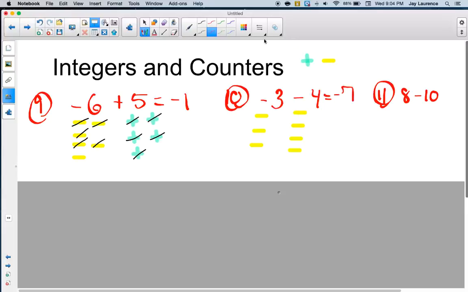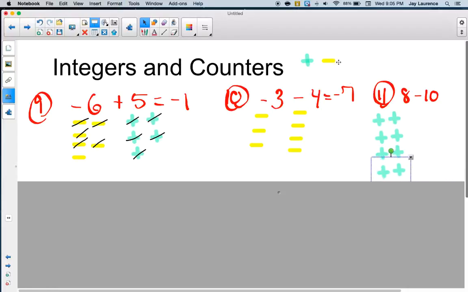Okay. Problem number 11. I'm going to need 8 positives. So let me go. 1, 2. I wonder if I can cheat because I'm feeling lazy. 4, 6, and 8. There we go. I've got my 8 positives.